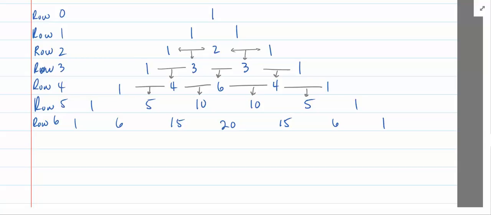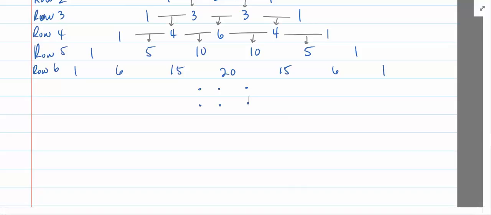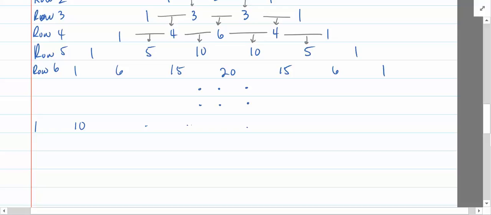What I would like for you to do between now and tomorrow is fill this Pascal's triangle out for the next few rows. I'd like to see the result you get by the time you get down to row 10. What are the entries going to be by the time you get down to row 10?